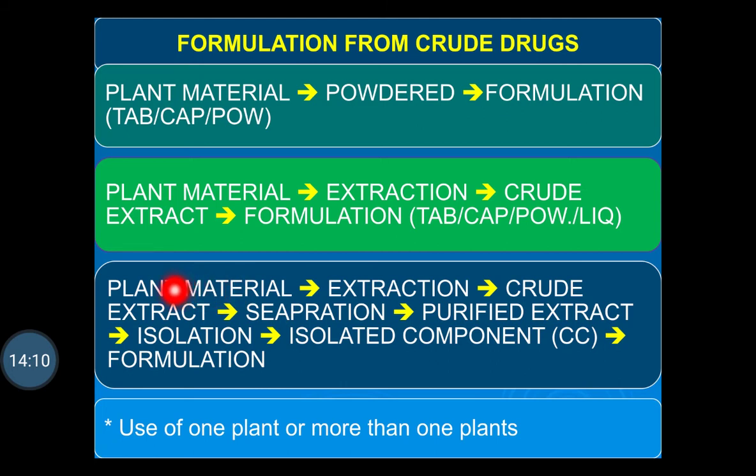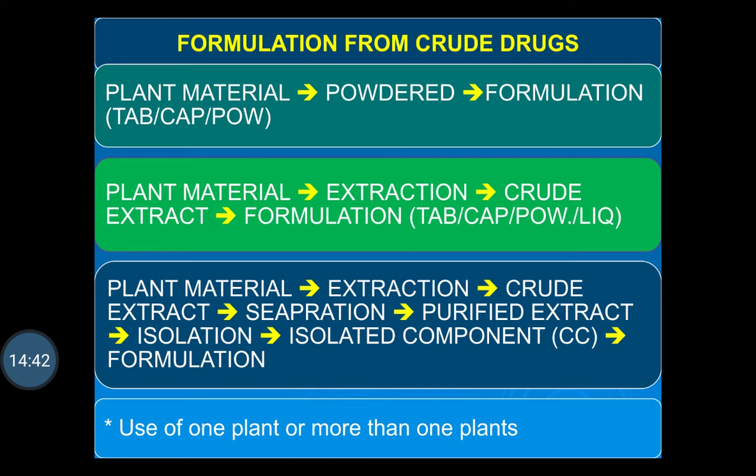Third one, that is the plant material is taken, extracted, a crude extract is obtained, then separated by a modern analytical technique; you can use it for the separation. You will obtain the purified extract. The isolation is done. The isolated components, that is the isolated chemical moiety, is used directly for the formulation. So in this way, the different types can be used for the preparation of the dosage form.